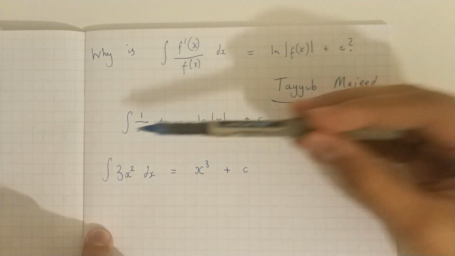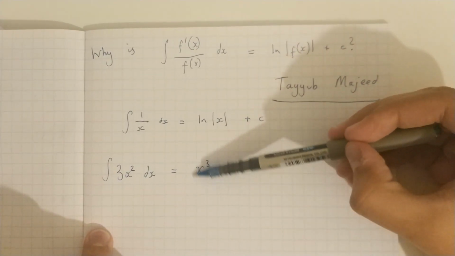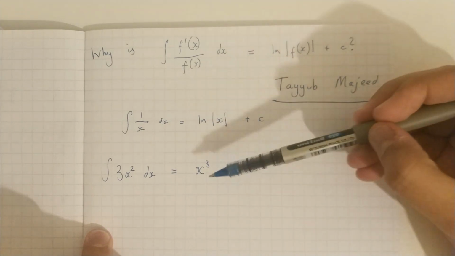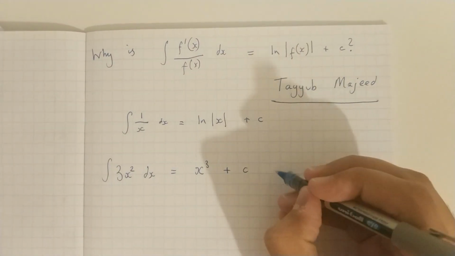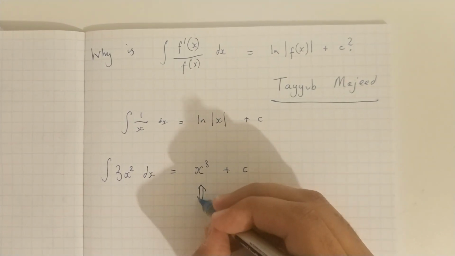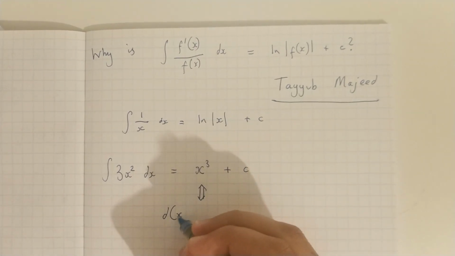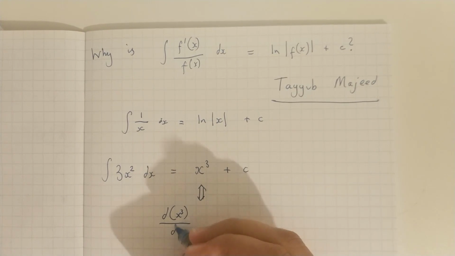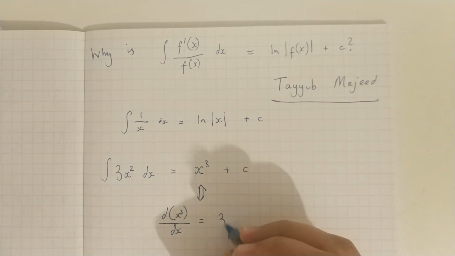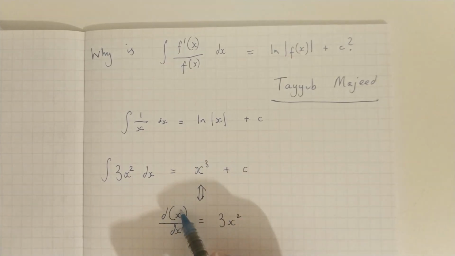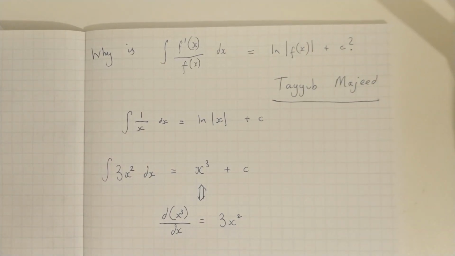But by the same logic, if I was to differentiate the function x cubed, I should get 3x squared. So what that is basically saying is that if I was to differentiate x cubed with respect to dx, then I should end up with this function here. I could include the plus c in there, but I know that when I differentiate a plus c or some constant, it's just going to vanish, so it just turns into a 0.